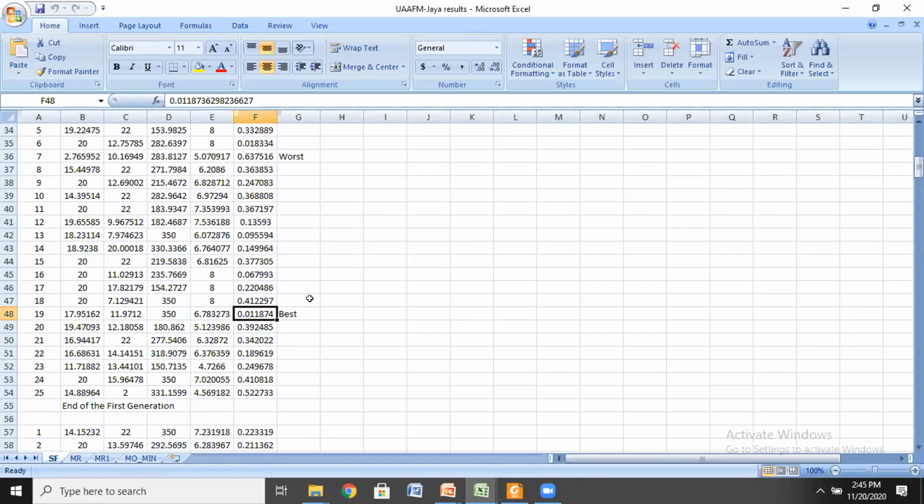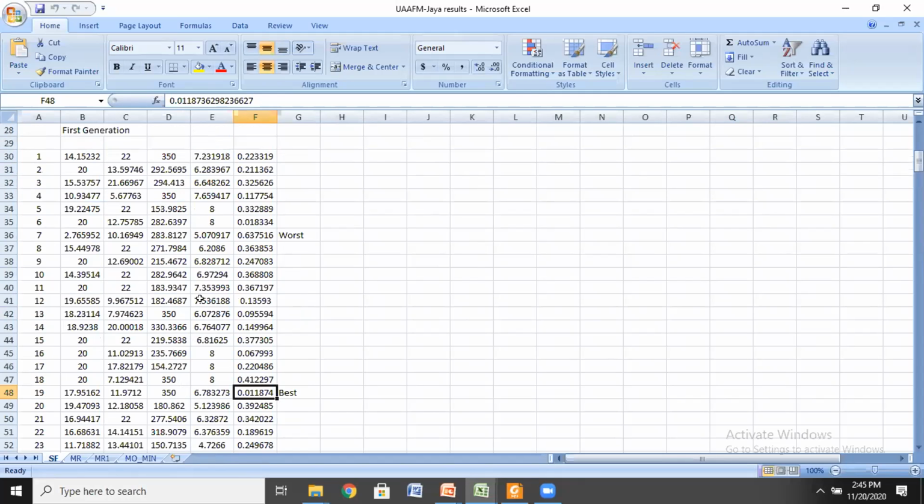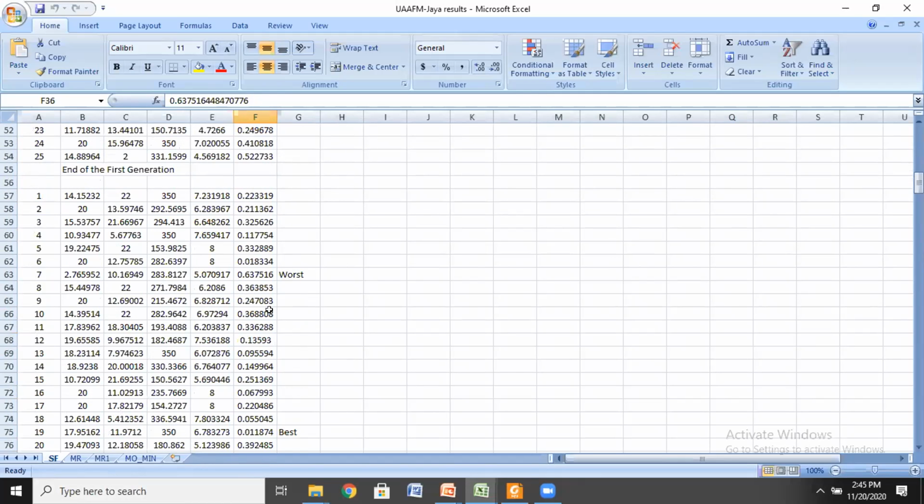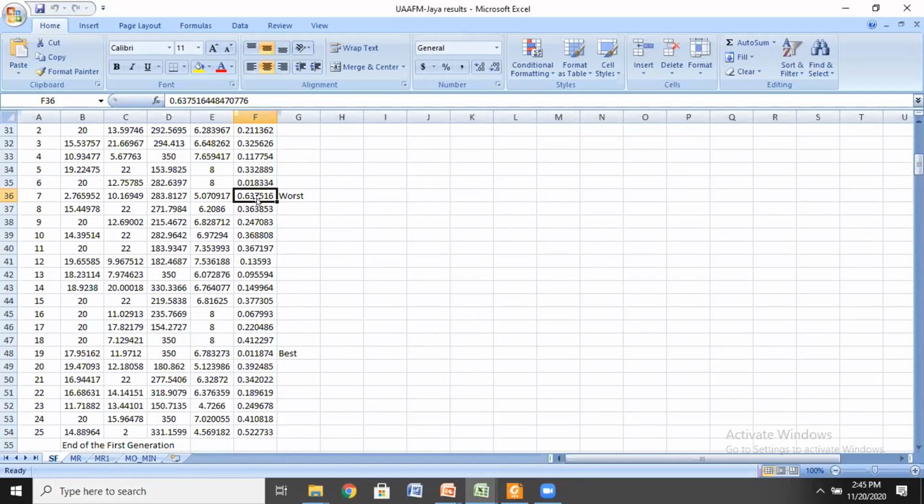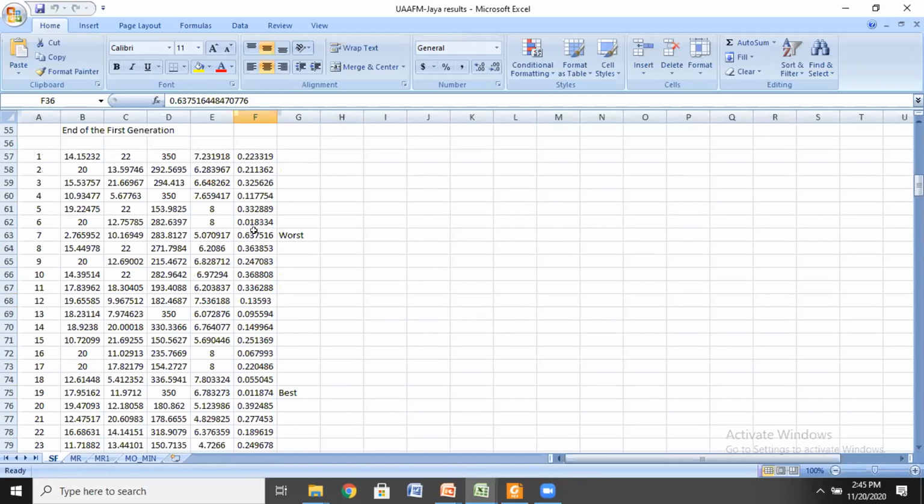The logic says if your best is not improving, then replace with the already existing best and continue. By applying this logic, your worst solution also will slightly come down. For example 0.637, and here also it is 0.637, meaning it is taking the same value. It means that in this iteration you got a worse value, but you are replacing it with the existing worst value.